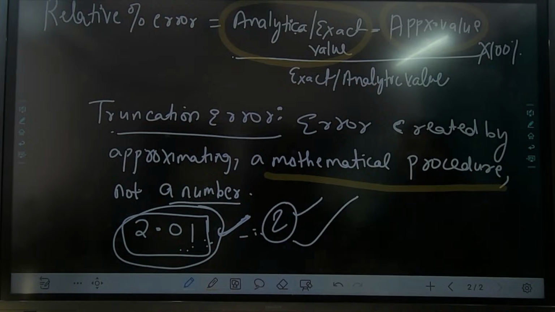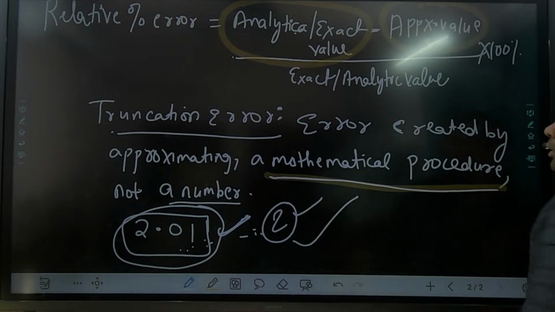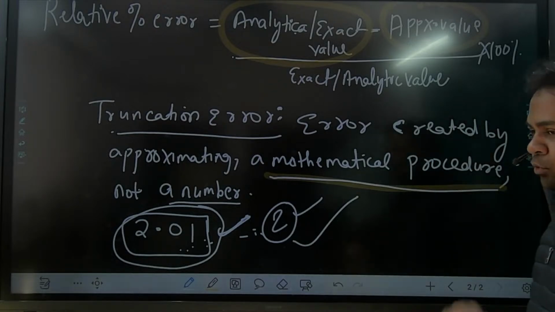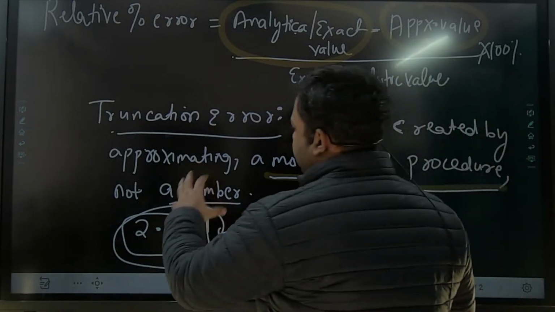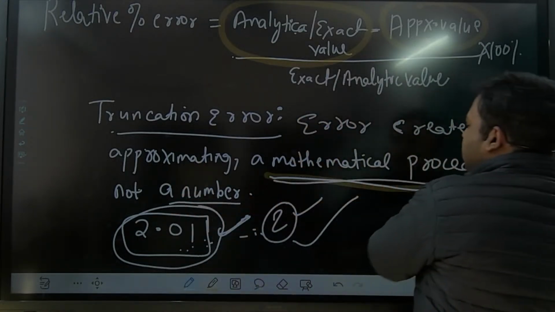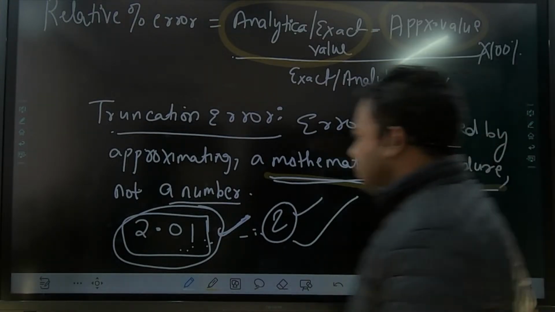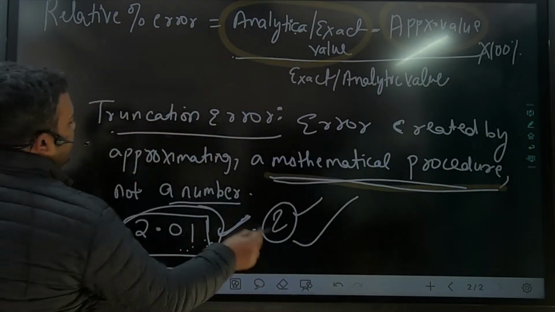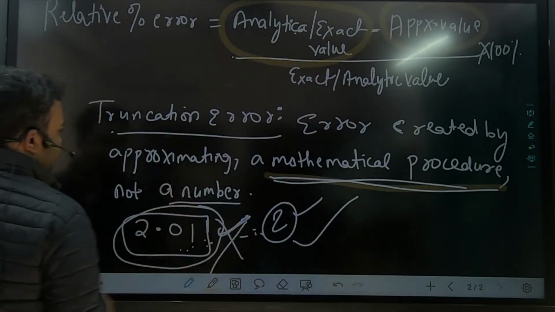But the error which comes in a numerical method will be truncation error, because the whole procedure has been changed. We are literally modifying it. So we are approximating a mathematical procedure over here. So in numerical methods you get a truncation error, which we get by approximating a mathematical procedure, not by approximating a final answer.